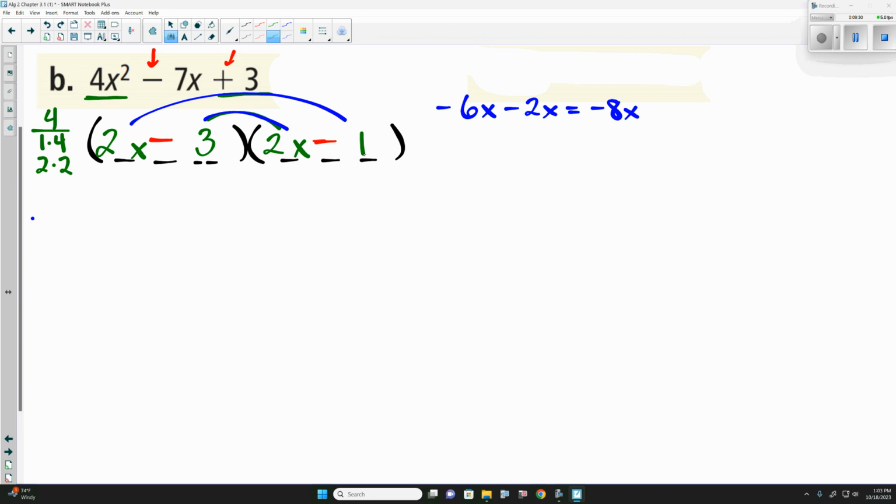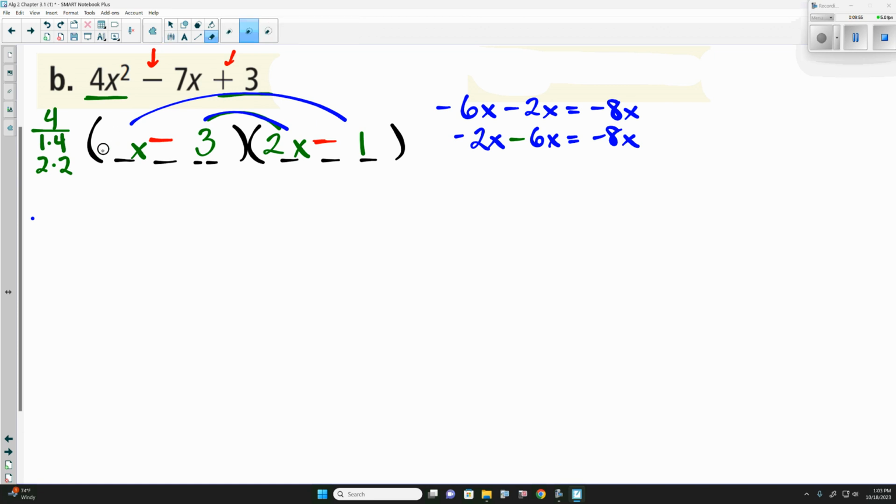And we can check this. 2x times negative 1 is negative 2x. Negative 3 times 2x is negative 6x. Well, realistically, because the first term was 2x and the other one was 2x, they're both minus, it's really going to give us the same answer.